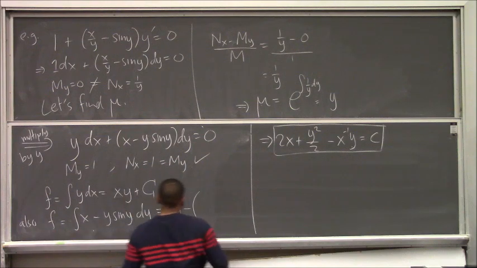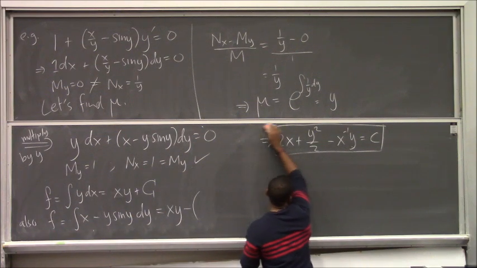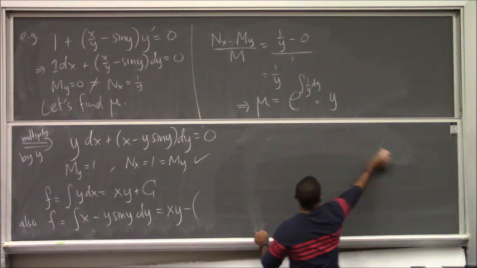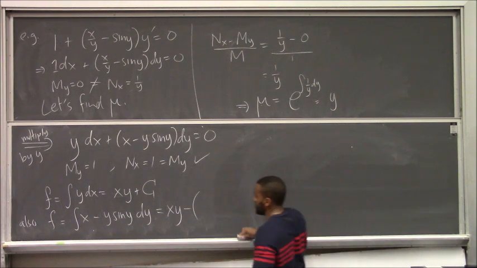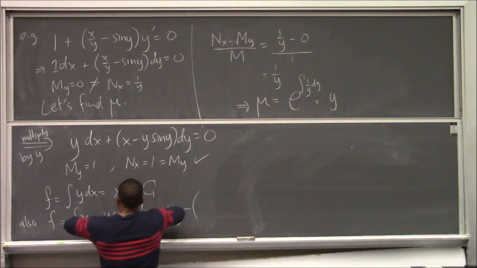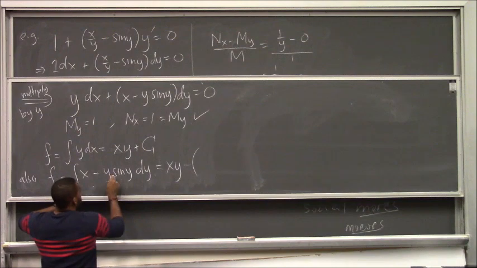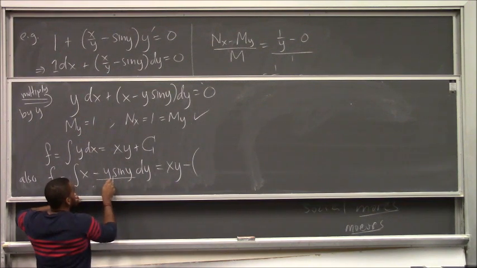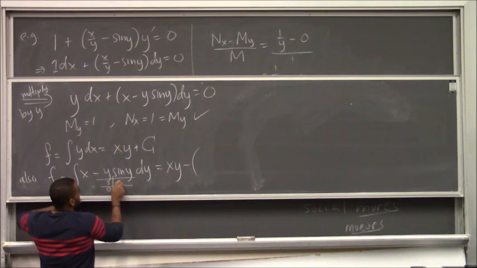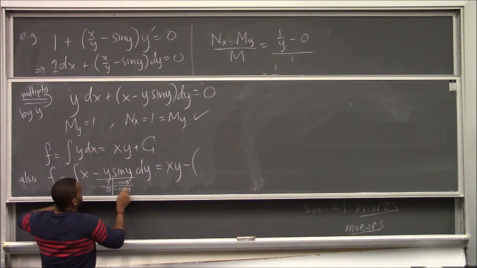Tabular usually. Yeah, tabular integration by parts, either way. Just do a little tabular right here. Differentiate that, you get 1. Differentiate that, you get 0. Integrate this, you get minus cosine. Integrate that, you get minus sine.